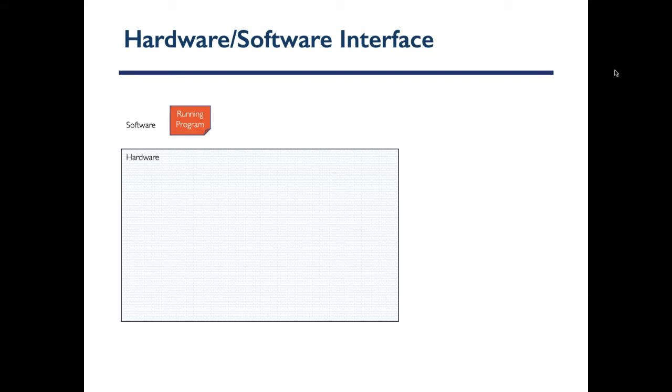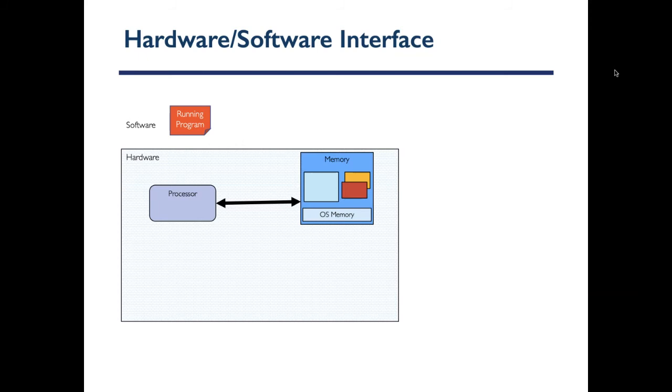What do you have? In your software realm, you have your running program. In your hardware realm, you have a processor that is connected to the memory. The processor has a bunch of registers: floating point registers, for instance, integer registers, program counter, stack pointer, all those registers. And it's going to get the values for those registers from the memory of that running program.